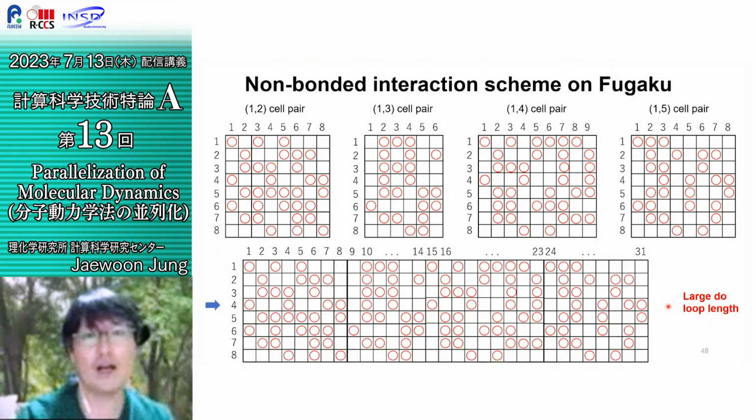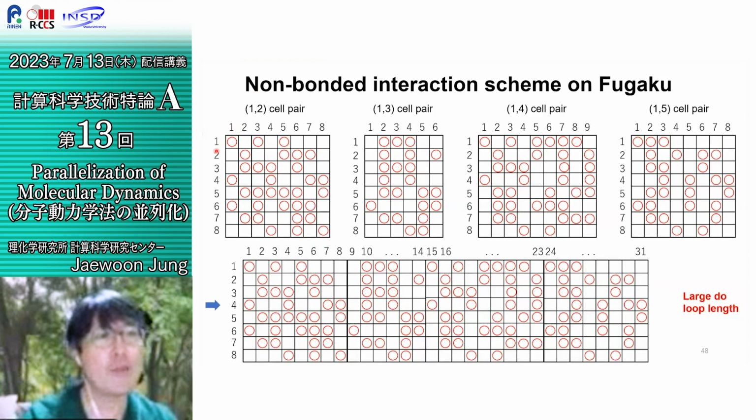I can say it's a little bit complicated. One thing I can say is that in previous cases, for each cell pair, we made a loop for this one and this one separately.